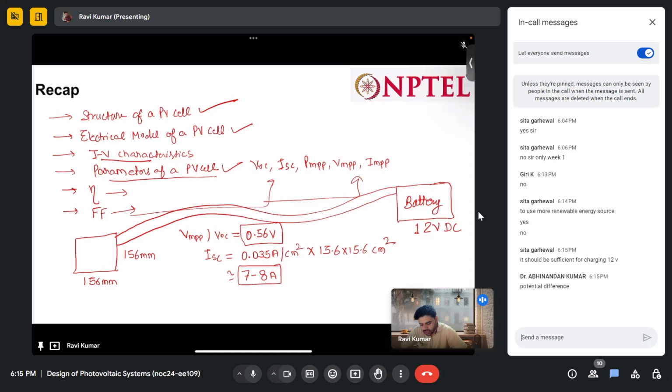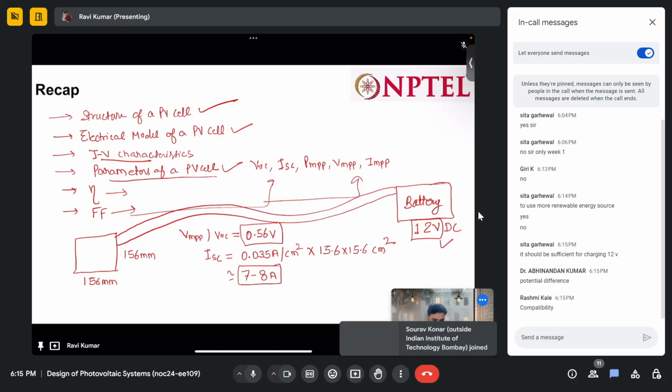Because it is a 12 volt battery. Here the potential difference is 12. Yes, Abhinandan, you are right. So it says here battery voltage is 12 volt. Yes, Sita is also right. It should be sufficient for charging 12 volt.